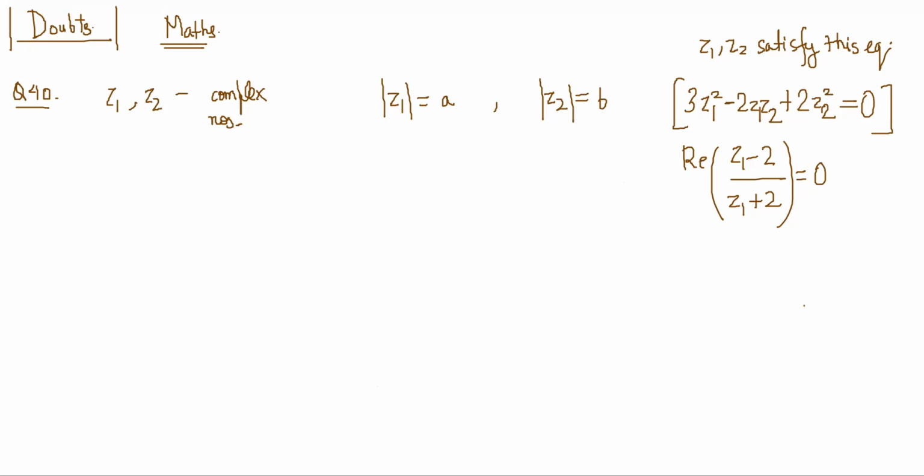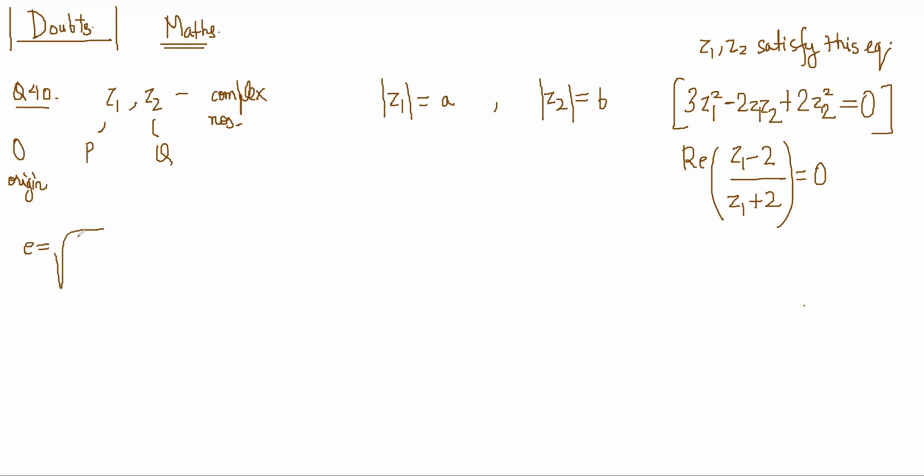And P, Q, O are points in the complex plane corresponding to Z1, Z2 and origin. Z1 is P, Z2 is Q, O is origin. You have to now find some stuff. You have to find the eccentricity of x square by a square plus y square by b square. Basically, a and b values you need to find, or the b by a ratio.